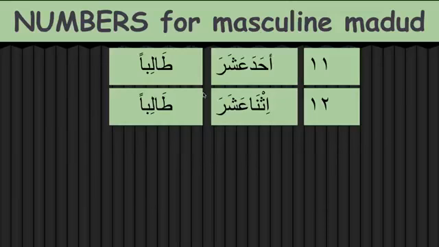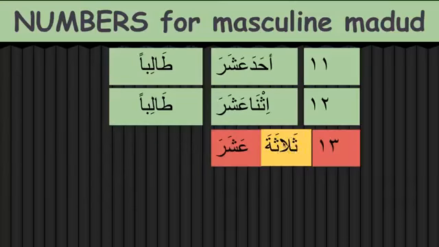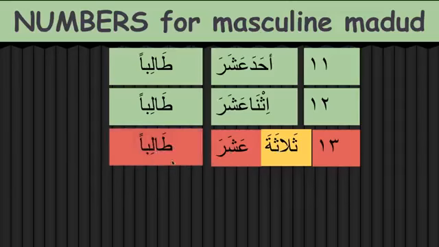So when we hit the teens, that's where everything changes and the opposite gender starts attracting. So here the feminine number comes to describe a masculine noun, and ashara remains neutral. So it will just follow the noun. So it will be thalathata ashara taliban. So the only thing which changes is the first number. Everything else remains the same.